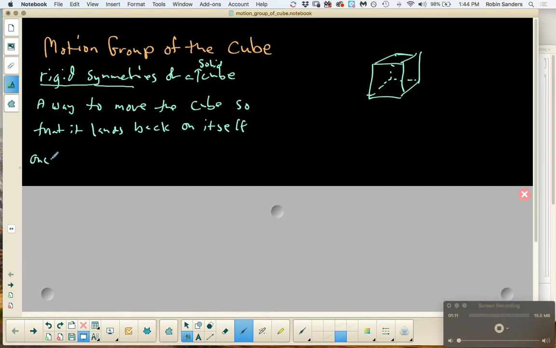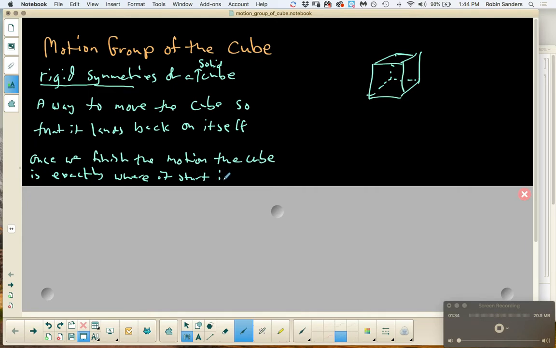Once we finish the motion, the cube is exactly where it started, in terms of its physical position. Now, I want to think about what that means for just a second.